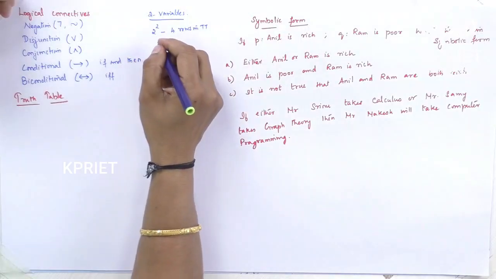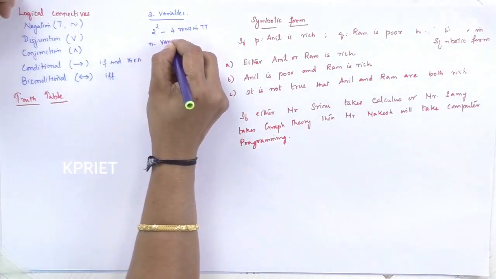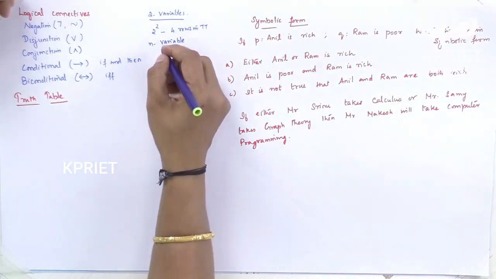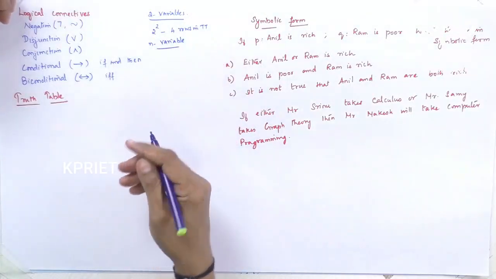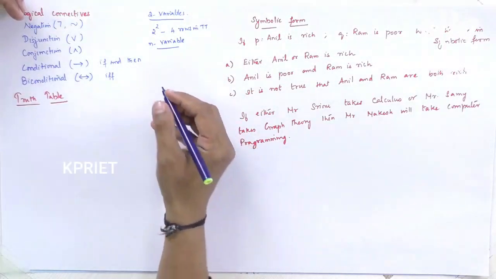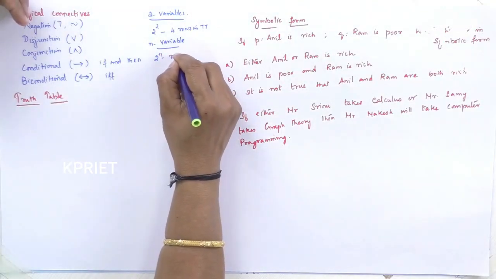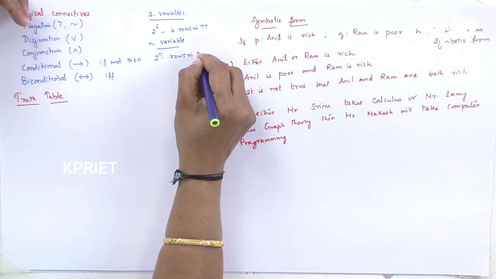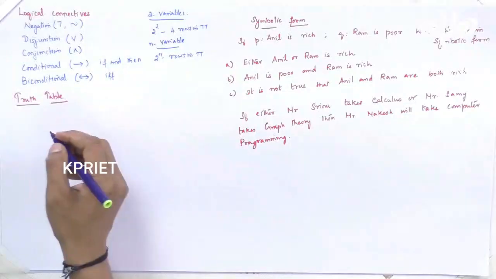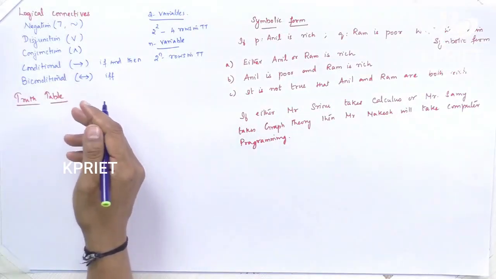Suppose we have n variables, and we are supposed to construct a truth table, then how many rows do we have? It will be 2 power n rows in the truth table. So we keep in mind that this is the number of rows to be inserted in the construction of the truth table whenever we have 2 variables, 3 variables and so on. So let us see how to construct a truth table for the various connectives.